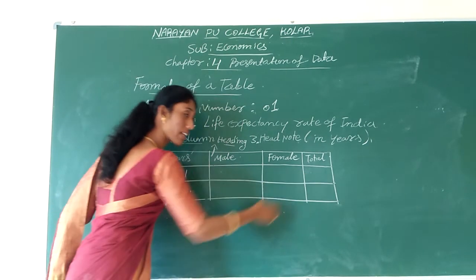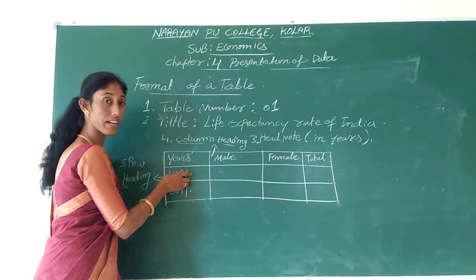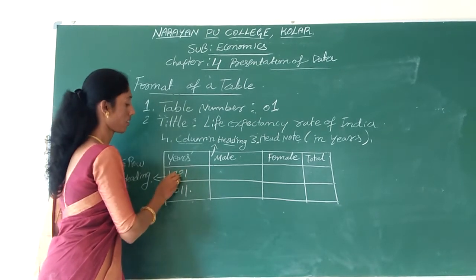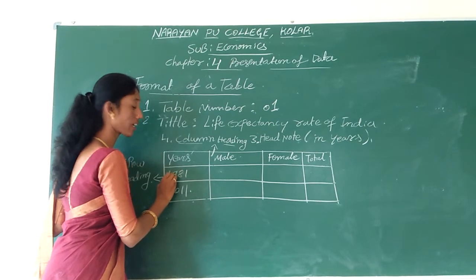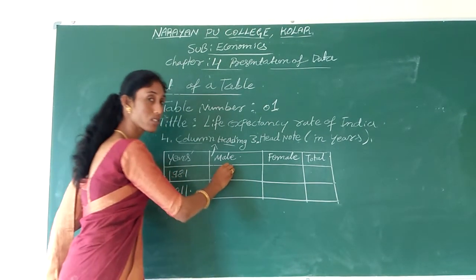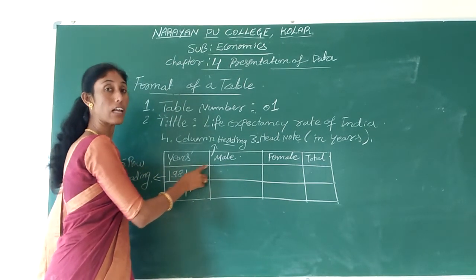Whatever the entire horizontal line is going to represent, that will be mentioned in the row heading. Here we have given the row heading as 1981. Then this entire row will show the data or information relating to only 1981.